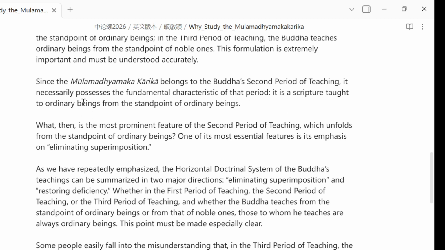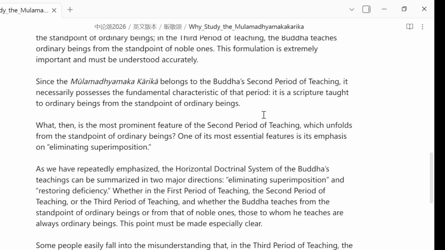Since the Mulamadhyamakakarika belongs to the Buddha's 2nd period of teaching, it necessarily possesses the fundamental characteristic of the period. It is a scripture taught to ordinary beings from the standpoint of ordinary beings.